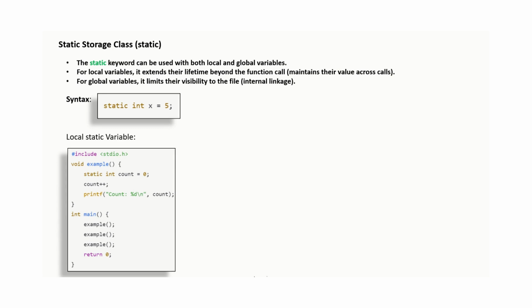Here is a local static variable example. It is perfect for retaining a function's state, like counting how many times the function has been called. Here you can see we are calling example functions 3 times, and you can also see the output, what exactly it is giving each time when we call the function.